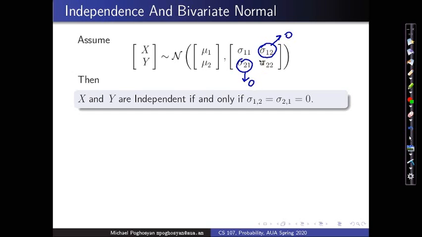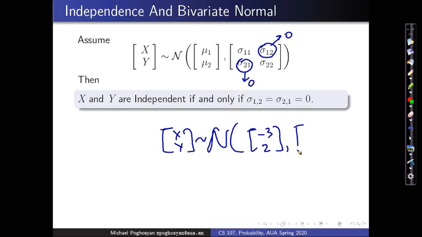Well, because we have a symmetric matrix here, just one of them is zero. So X and Y are independent only in that case. So if I write something like this, (X, Y) is normal with mean (-3, 2) and covariance matrix (5, 0; 0, 3), then you will have that X and Y are independent. Because this is 0, this is 0.